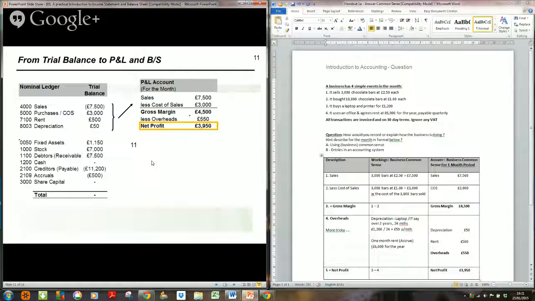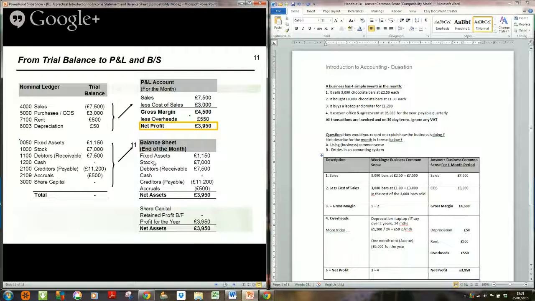But what is really important in terms of the entire concept is the other side of the trial balance becomes the balance sheet. And the balance sheet structure in terms of assets, fixed assets, current assets, stock, debtors, cash, current liabilities and accruals, coming down to our net assets, our balance sheet balances.